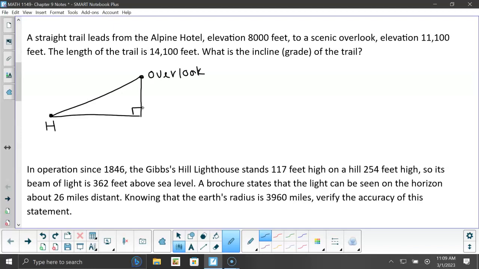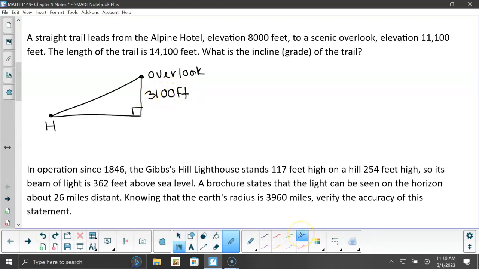They tell me that the hotel has an elevation of 8,000 feet above sea level. Do I really need that 8,000? No. They tell me that the overlook has a height of 11,100 feet above sea level. Now do I need that 8,000? All right, so what's the difference between that 11,100 and the 8,000? Yeah, 3,100 feet.